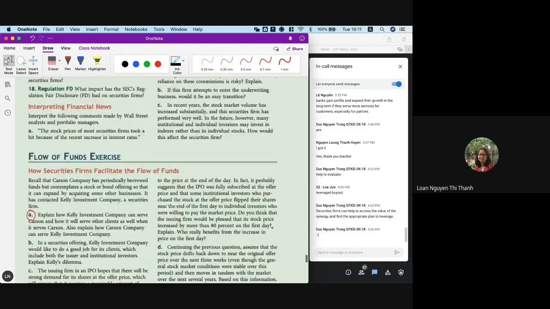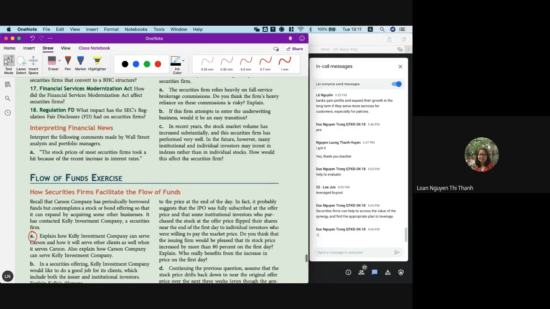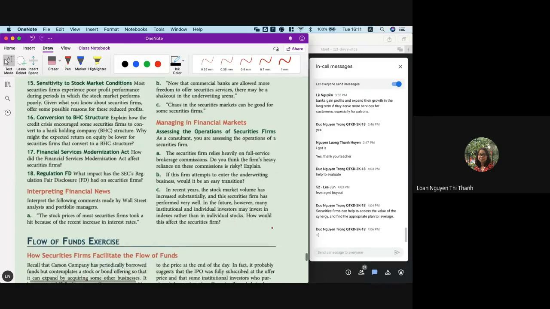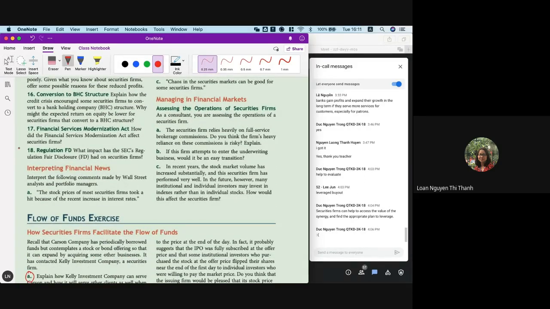Okay, we come to the stock price security topic because of the increased interest rate. You have a very interesting type of exercise here. It's about interpreting the financial news. Maybe try it, right?